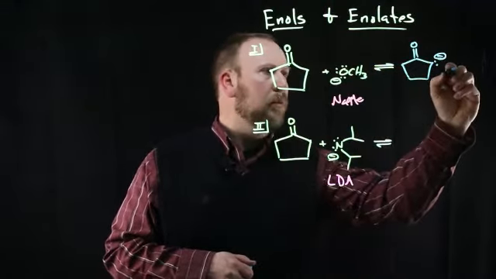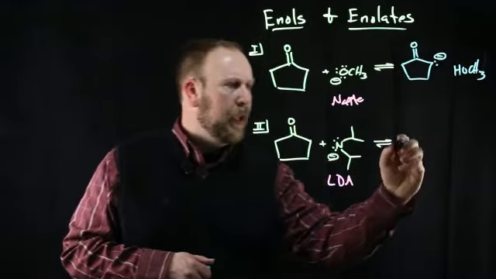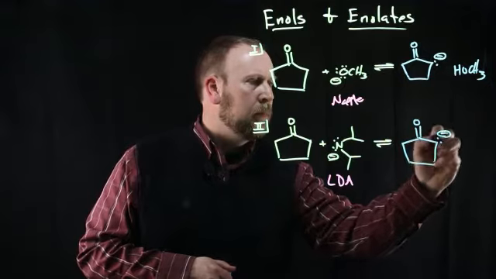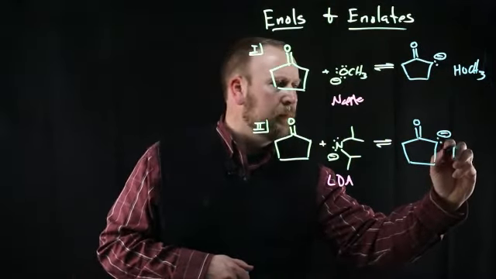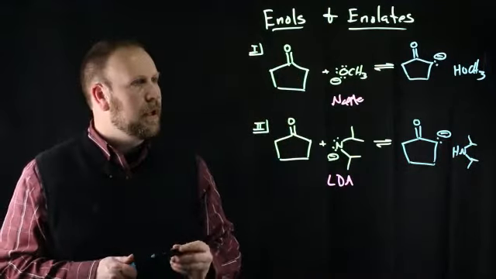In the first example, we would generate methanol. In the second example, again, we pull off that alpha proton, form that same enolate. But now we're generating an amine.